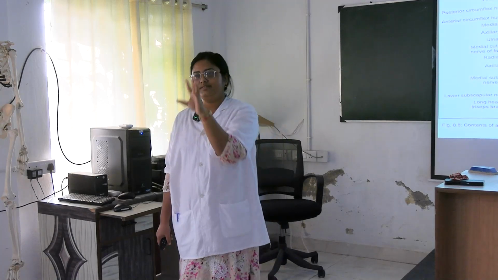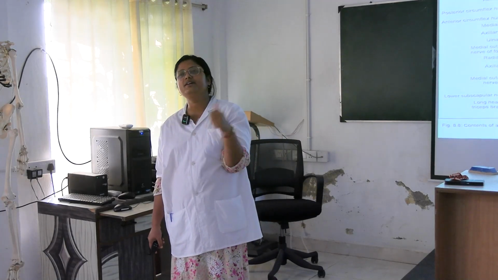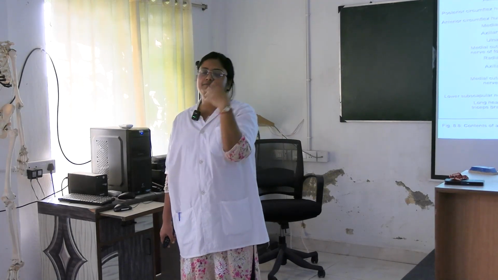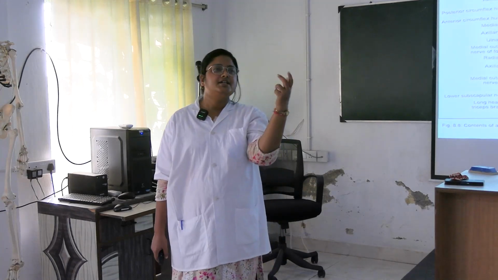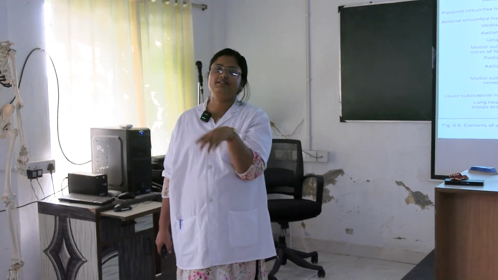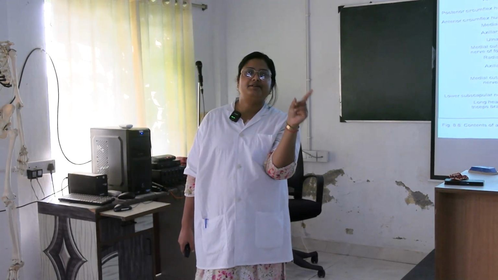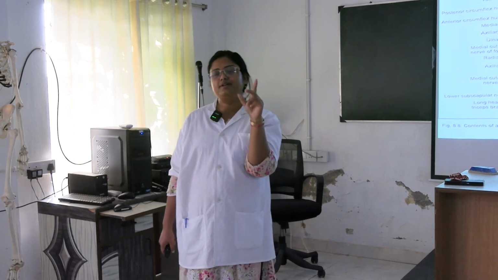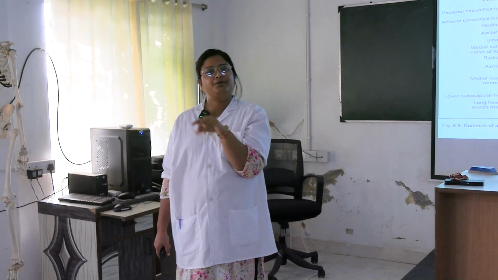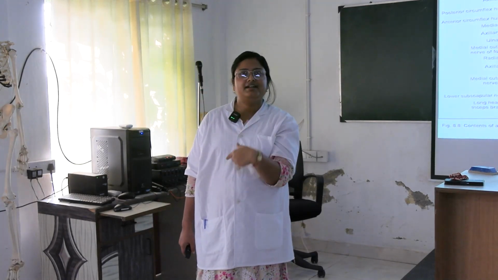These are the branches from the medial cord, and the posterior cord has 5 branches: ultra, upper subscapular, lower subscapular, T is the thoracodorsal, radial nerve and axillary nerve.